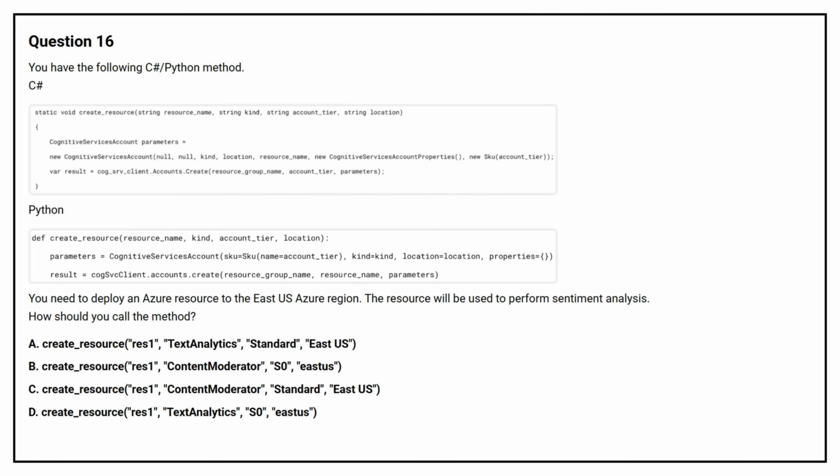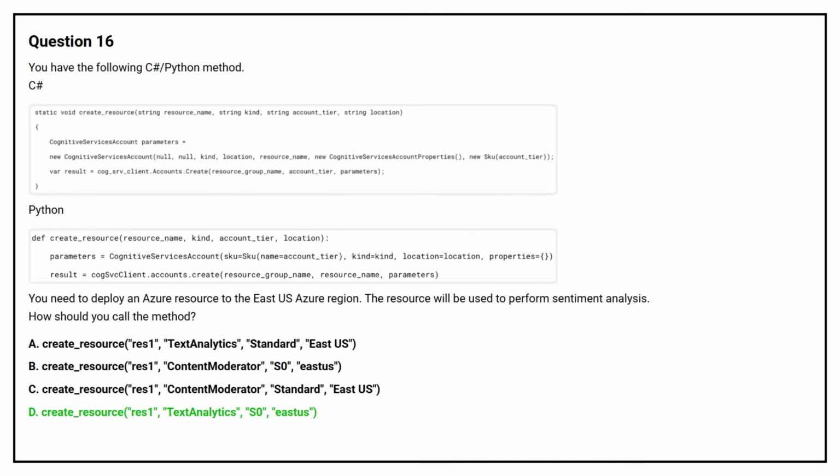Option C, create_resource, res1, content moderator, standard, East US. Option D, create_resource, res1, text analytics, S0, East US.